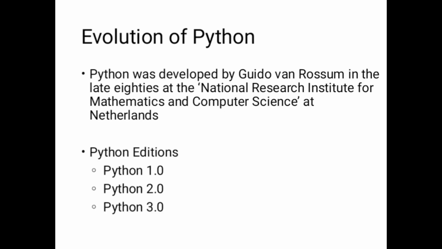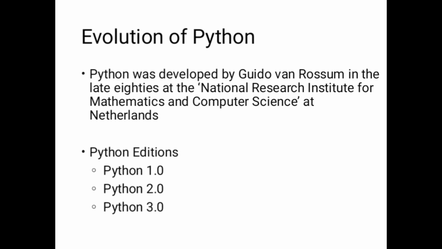Next, evolution of Python. Python was created by Guido van Rossum in the late 1980s at the National Research Institute for Mathematics and Computer Science in Netherlands. It was designed to be simple and readable. There are three major versions of Python. Python 1.0 in 1991, the first release with basic features.